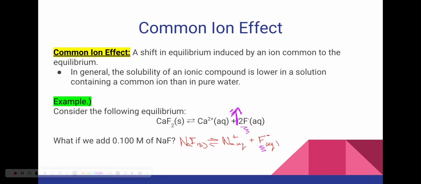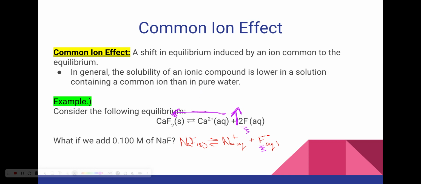Well, what does that do? According to Le Chatelier's principle, if I increase the concentration of a product, the equilibrium is going to counter me by shifting towards the reactants. And what does that do when we're talking about solubility equilibrium? That means more calcium fluoride solid forms.